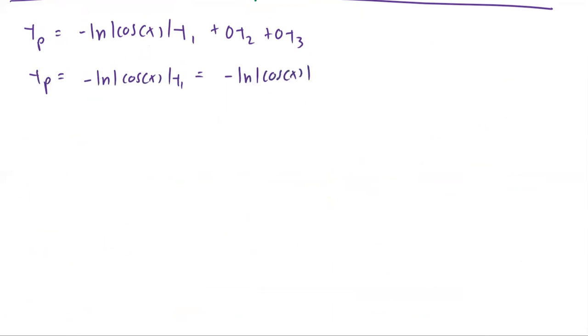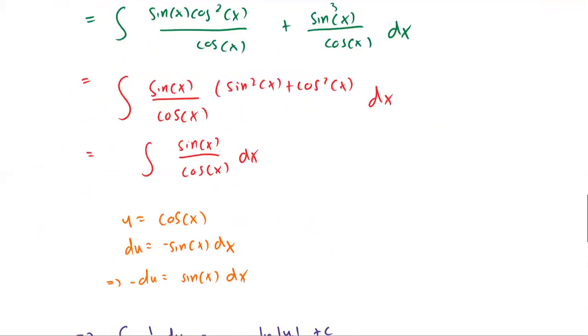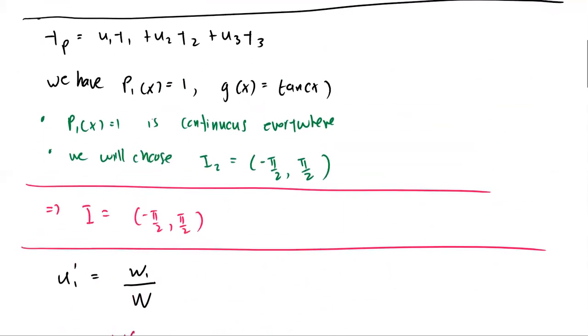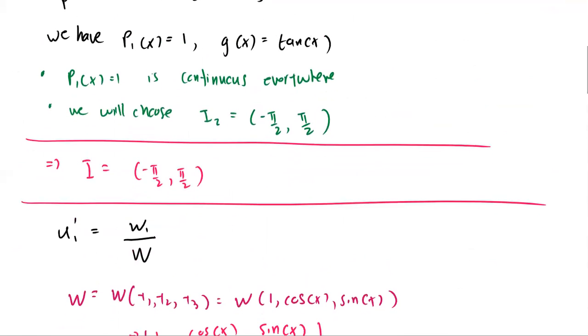Now, we can simplify this even more. It'd be nice to get rid of that absolute value, because if not, you have to consider plus or minus. Well, how can we do that? Remember that the interval we're working with, which we did a long time ago, was negative pi over 2 to pi over 2. That's the interval in which this is a particular solution and in which we're going to define the general solution.